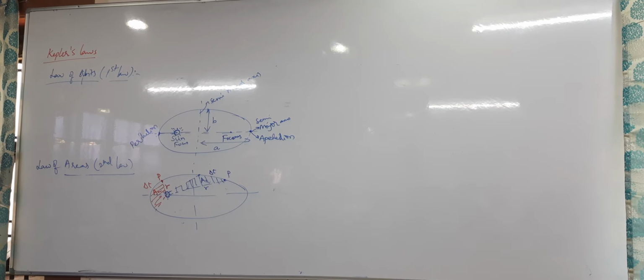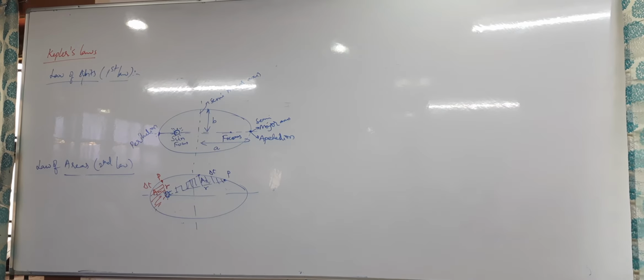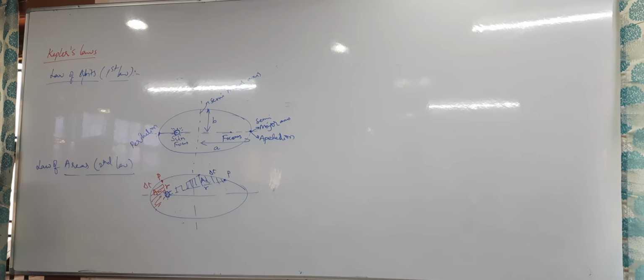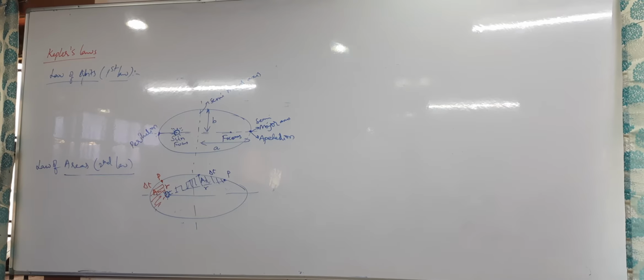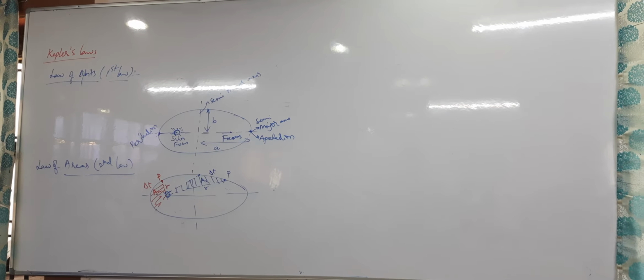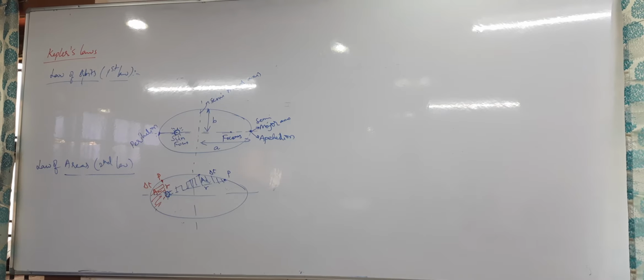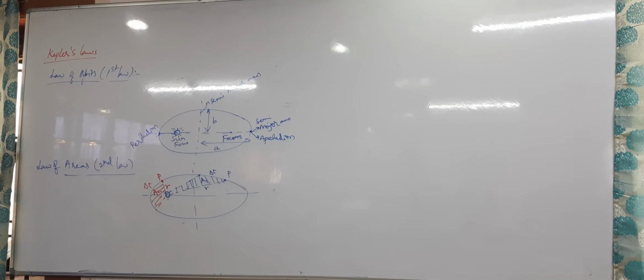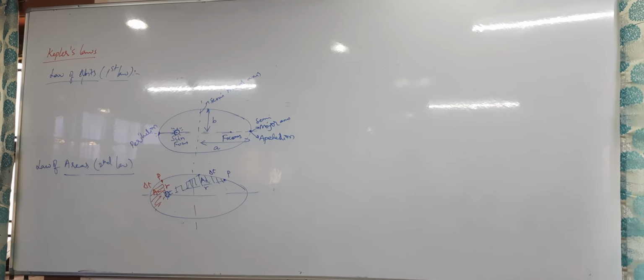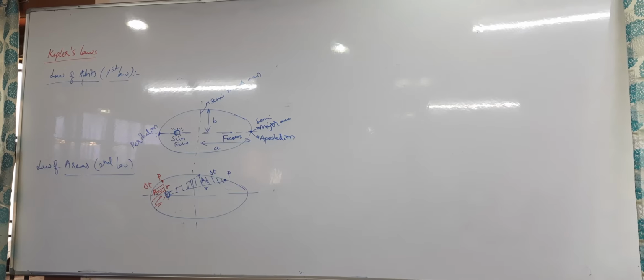For a planet revolving around the sun, the line joining the sun and planet will sweep equal areas in equal intervals of time.